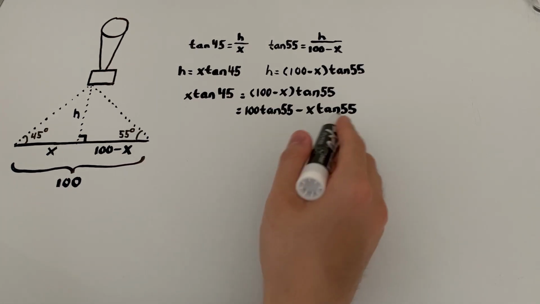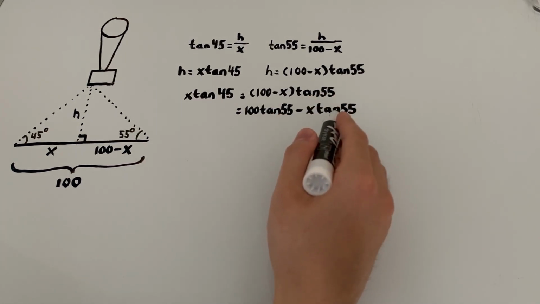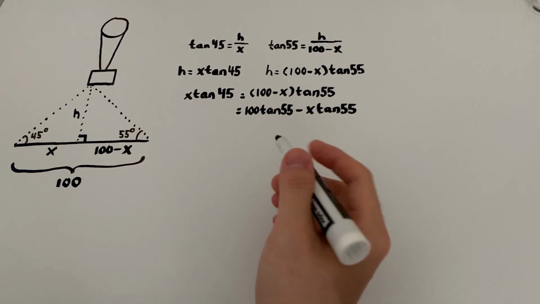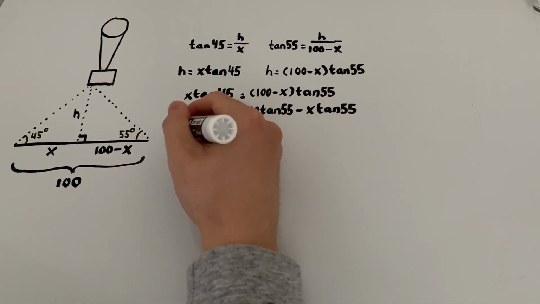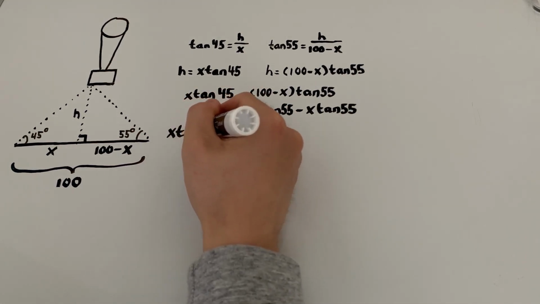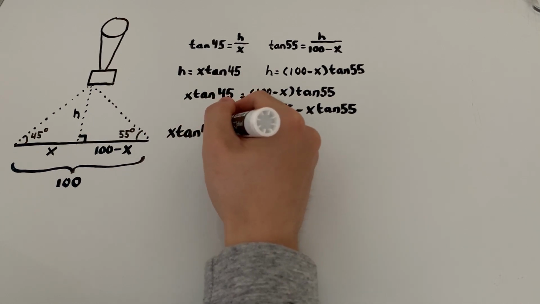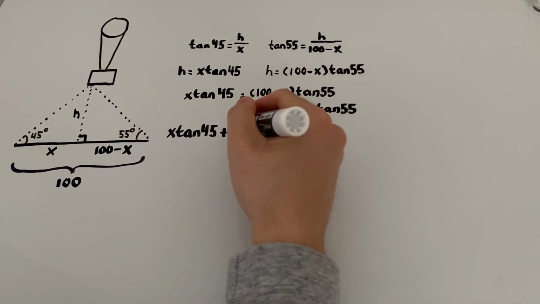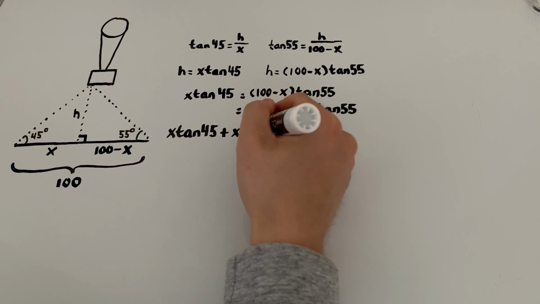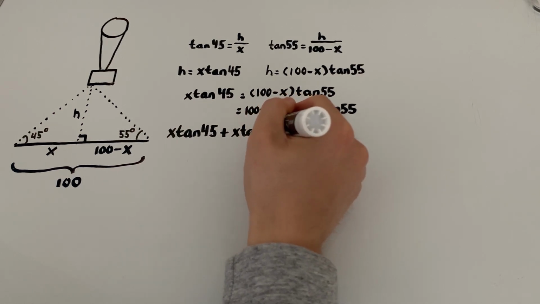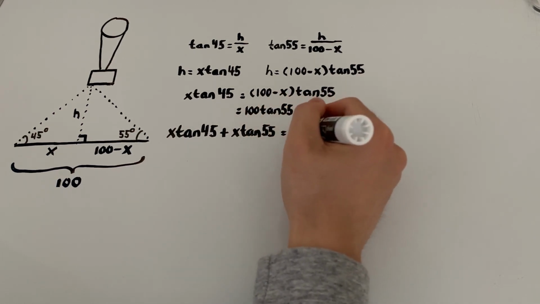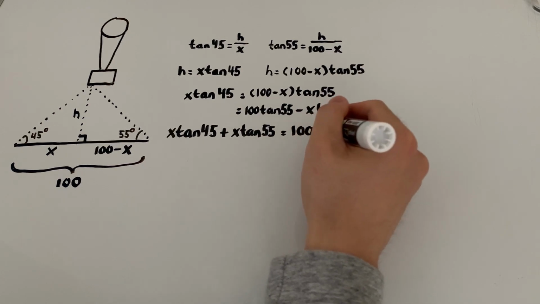So I'm going to move this minus x times tangent 55 to the other side. On the left, we're going to have x times tangent 45 plus x times tangent 55 equal to 100 times tangent 55.